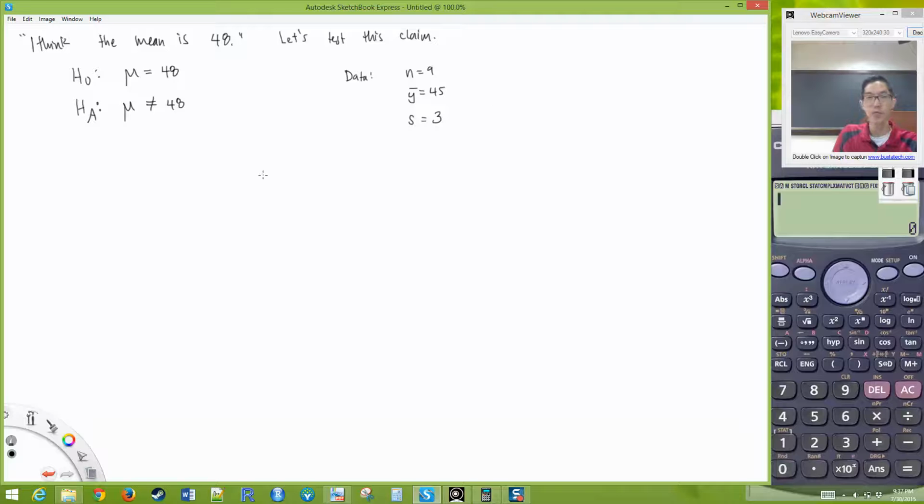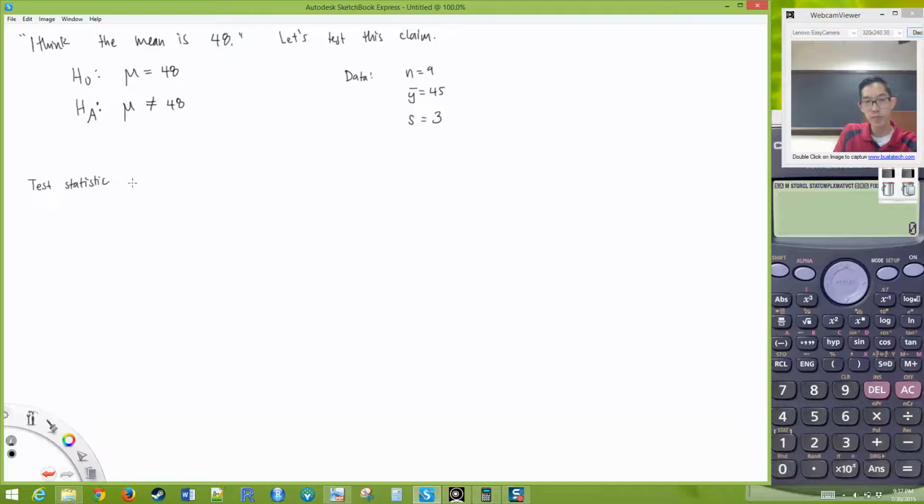So now we're going to calculate the p-value. We want to find the p-value. What's the probability that our data looks like this if the null hypothesis is true? To do this, we find something called a test statistic.